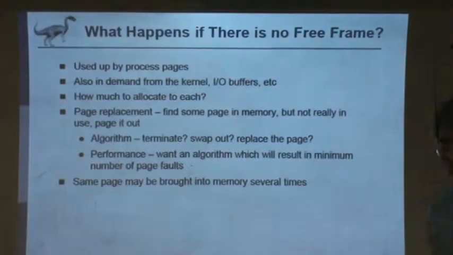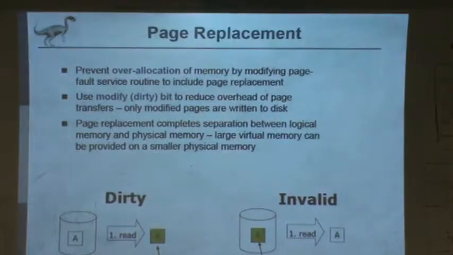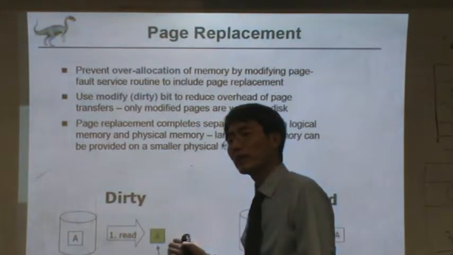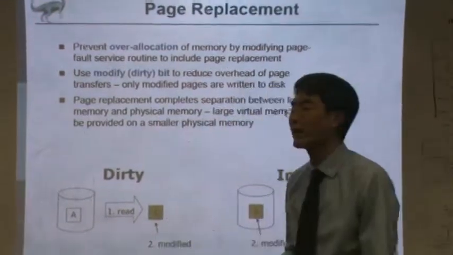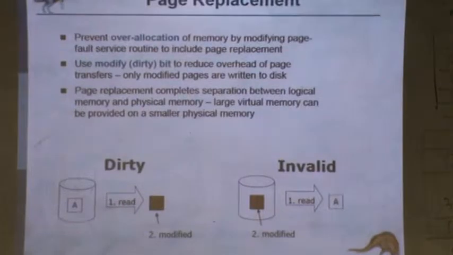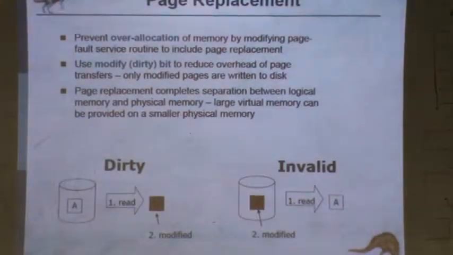In case we replace the pages anyway, if the page has been changed, that is called a dirty page. This is a very important issue in databases, to keep the consistency of the data.